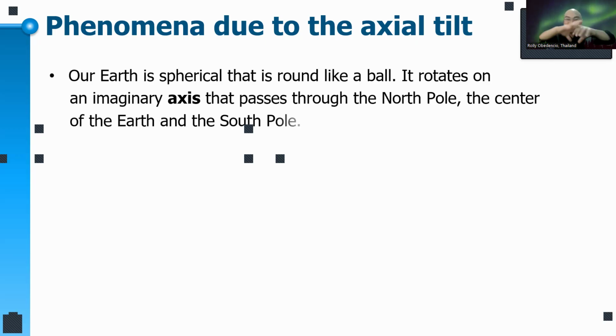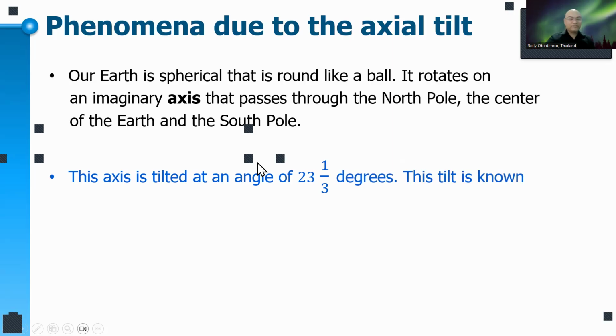Our Earth is spherical, that is, round like a ball. Maybe like my head, right? It rotates on an imaginary axis that passes through the North Pole, the center of the Earth, and the South Pole. Now, this axis is tilted at an angle of 23 and 1/3 degrees.